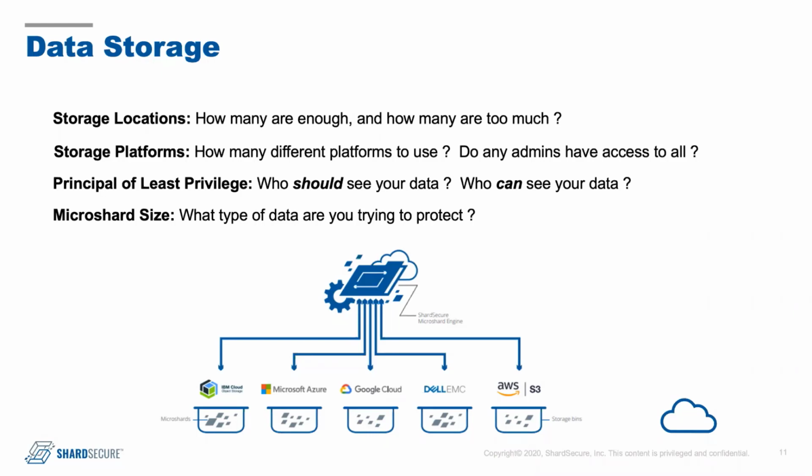Any extra people that can see that data is just extra risk, and it's usually needless. Using Microshard technology actually allows you to make that data private to privileged accounts, which is really hard to do otherwise. So it closes that gap, really.